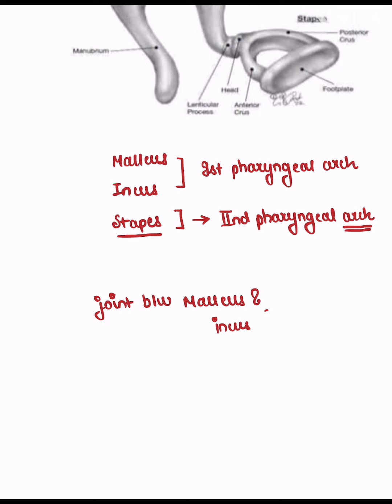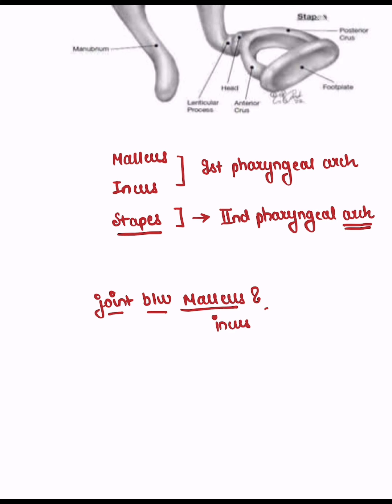The joint between malleus and incus is a saddle joint, and the joint between incus and stapes is a ball and socket joint.